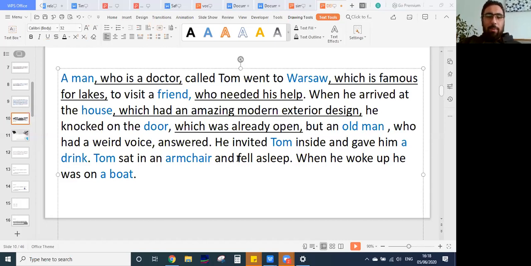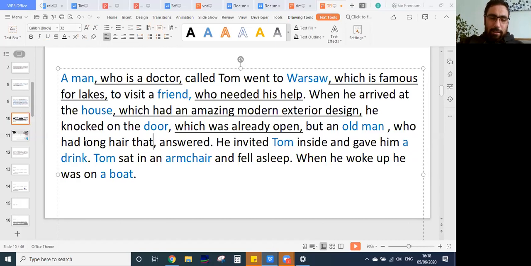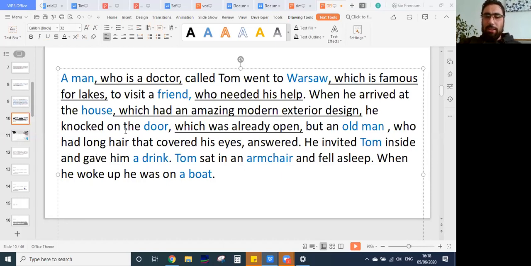So an old man who had long hair that covered his eyes answered. We have two relative clauses in there. He invited Tom inside and gave him a drink.